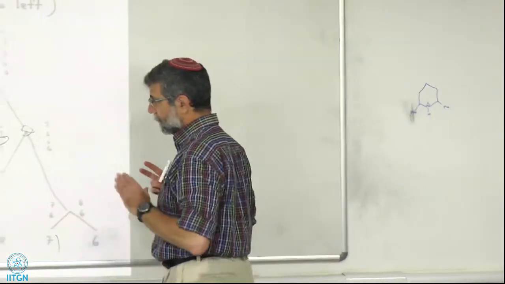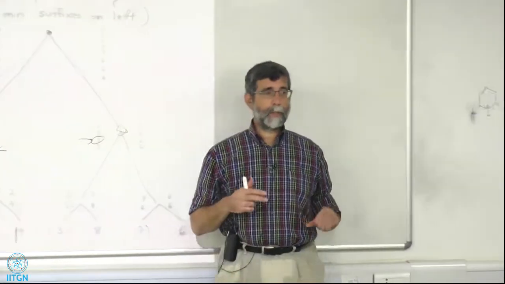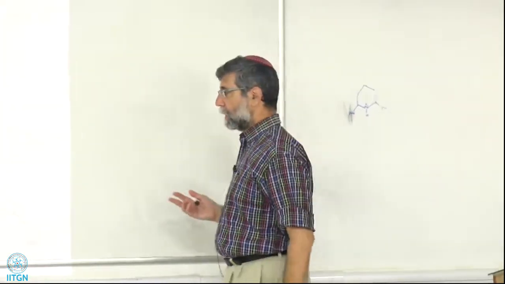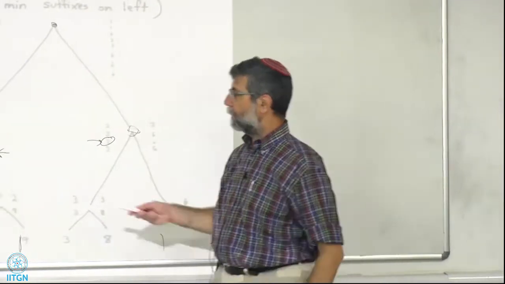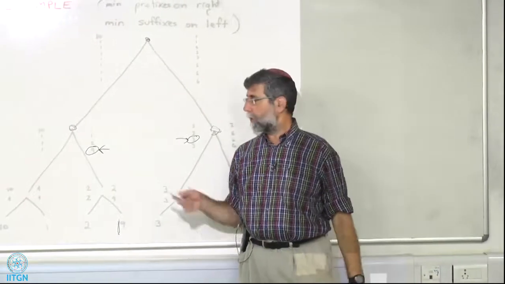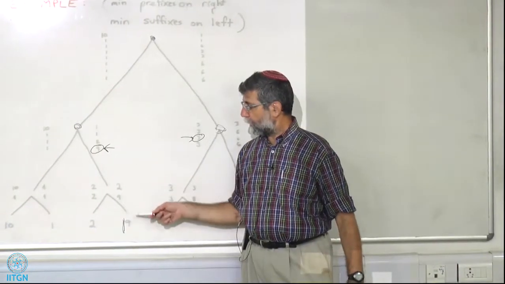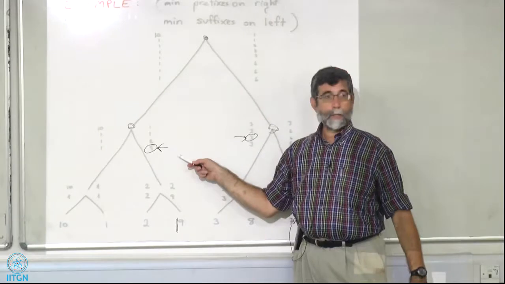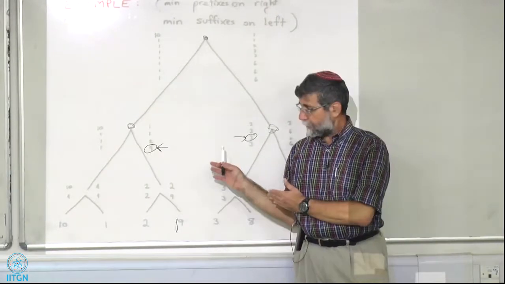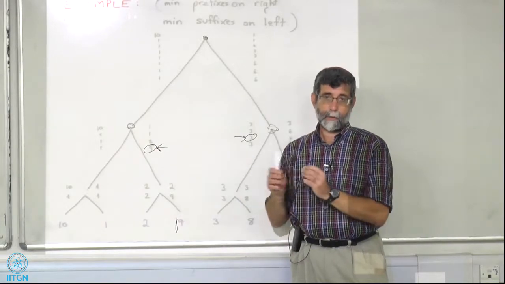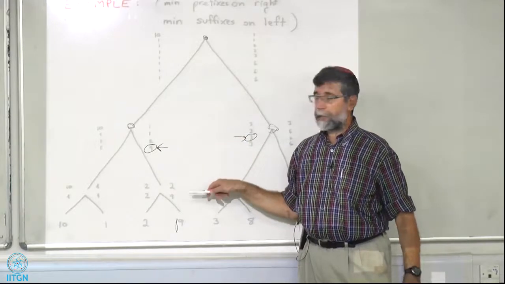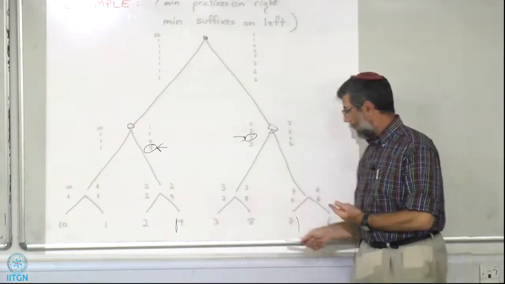There are two things that we need to see. One is how to do the LCA, which we're going to see in a minute. But another thing that I will leave as an exercise, and it will be an easy exercise after you see how we do the LCA, is to figure out which suffix and prefix we want to look at in constant time. It's clear that it's going to be some arithmetic computation, because what you get really is not a 9 and a 7.